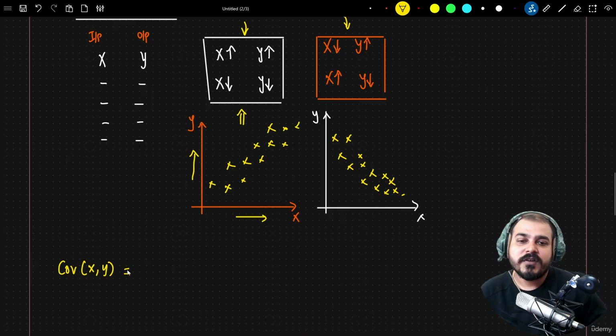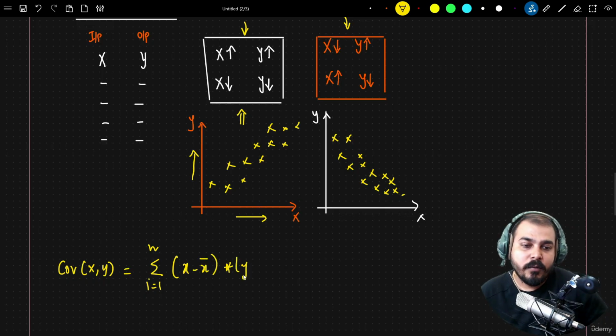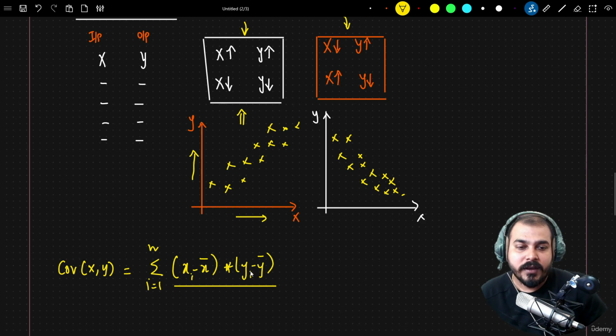The formula for covariance of x comma y is the summation of i equal to 1 to n of (x of i minus x bar) multiplied by (y of i minus y bar), divided by n minus 1, since we are doing it for sample data. That is the reason we use n minus 1.